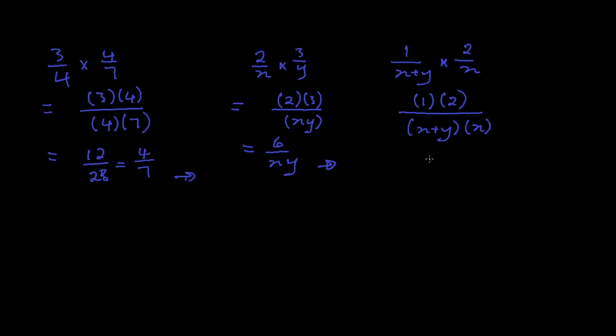So you multiply the 1 and the 2 and get 2 over, you multiply this together, meaning this x should multiply everything in this bracket. So we're going to have x multiplied by x, which is x squared, then x multiplied by the y is plus xy.